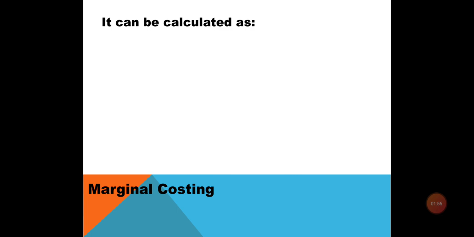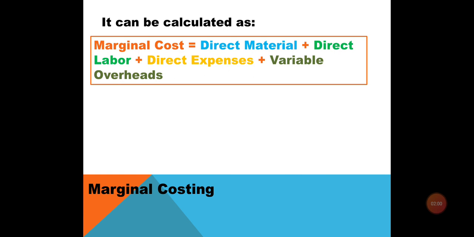Students, marginal cost is an additional or incremental cost. Here you can see that marginal cost can be calculated with the addition of direct material, direct labor, direct expenses and variable overhead.